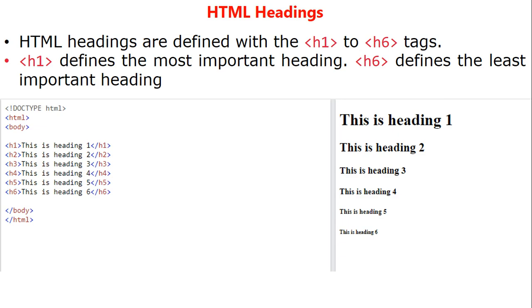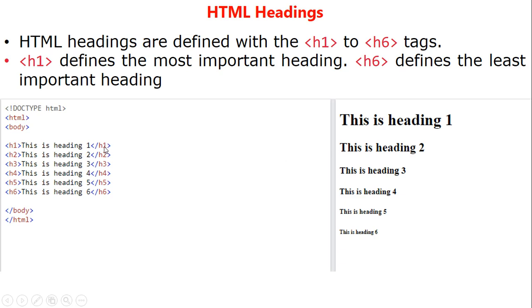As you can see in the example below, here is the code with the doctype HTML declaration, html, and in the body all 6 heading tags are written, with the start tag, the content, and the end tag, then end body and end html. The output of this code is shown here.